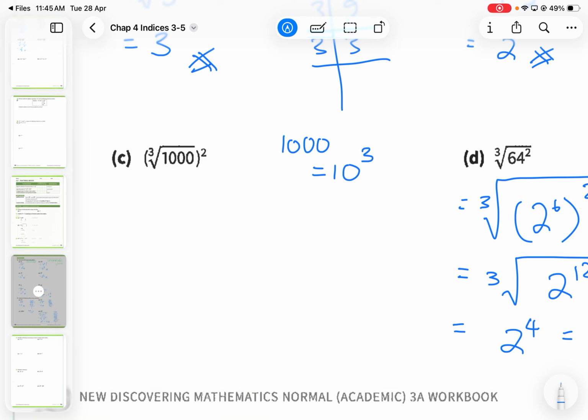No. What is inside the bracket? Inside the bracket is cube root of 1000.